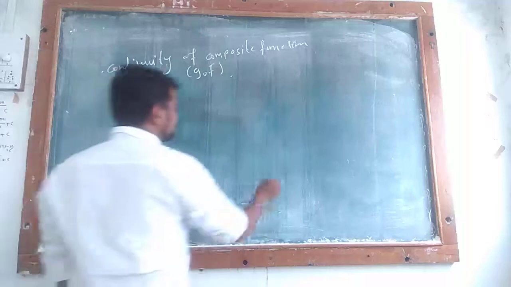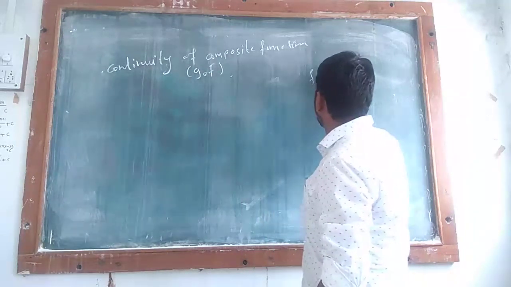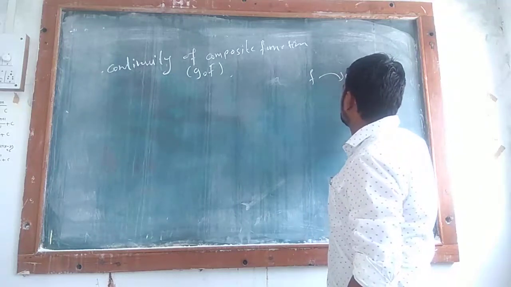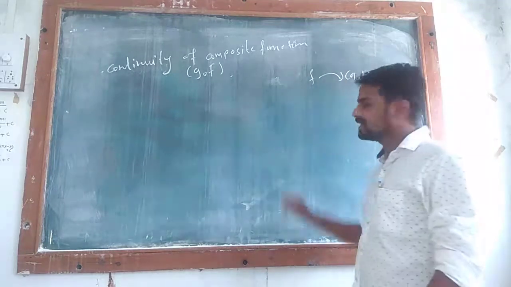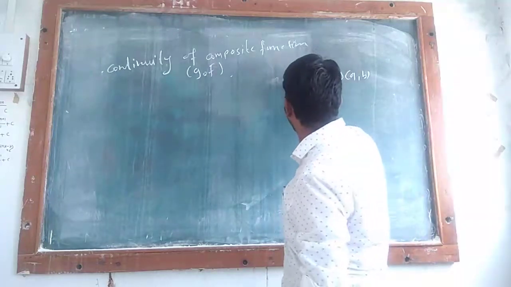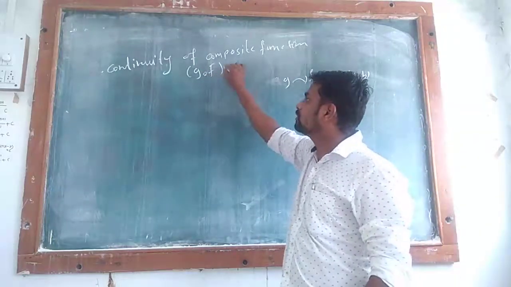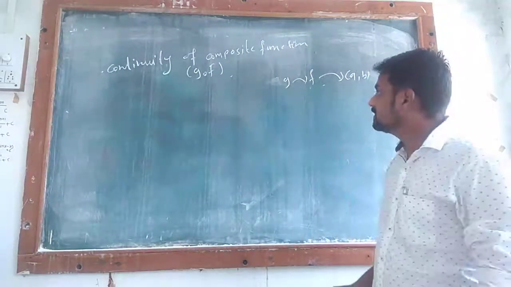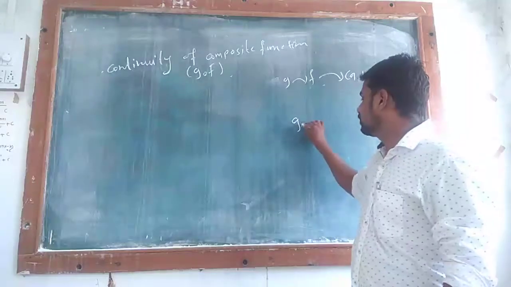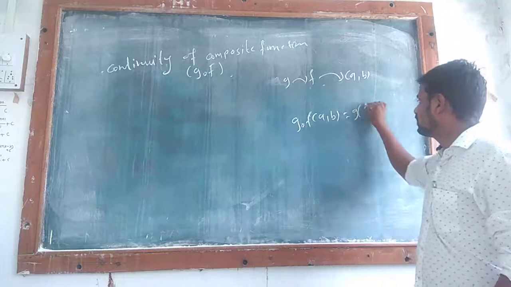That is, if f operates on (a, b), and g operates on f(a, b), then we can say g composition f at (a, b). It means that g composition f of (a, b) is equal to g of f of (a, b).